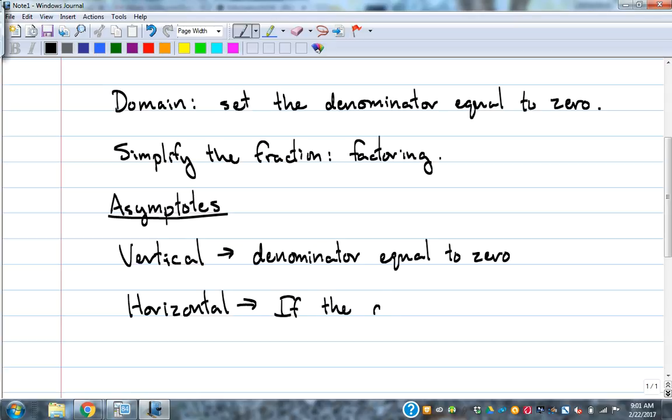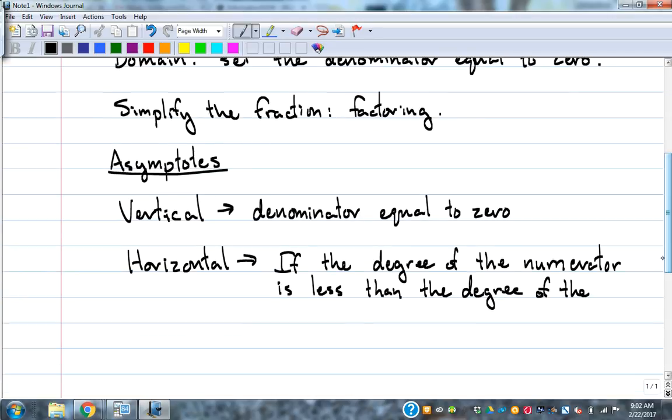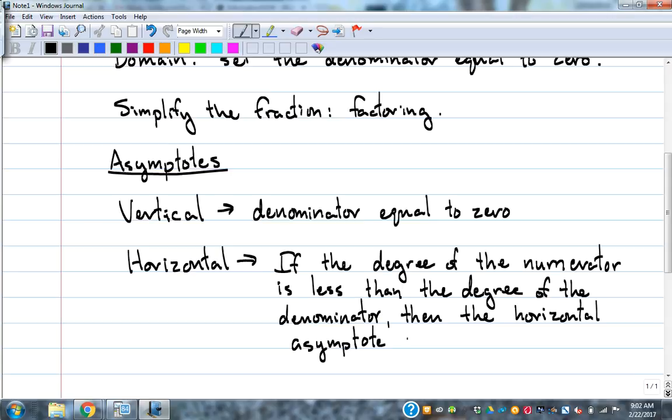If the degree of the numerator is less than the degree of the denominator, then the horizontal asymptote is y equals 0.